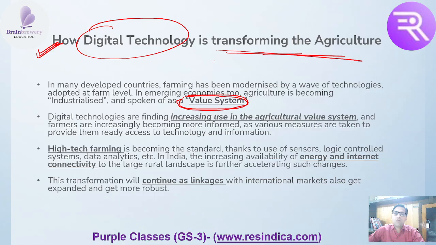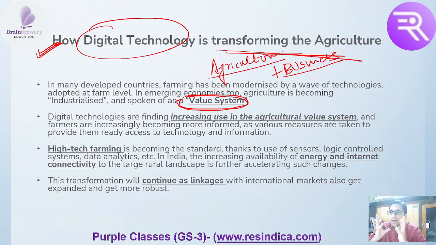Earlier we were doing only agriculture. Now we are mixing agriculture with a business model, and how we can utilize it to get optimum cost, optimum production, optimum crops, and everything. In our terms, we can say that earlier we were treating agriculture as just a way to feed ourselves.